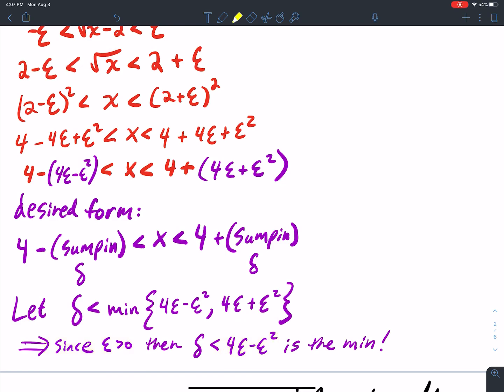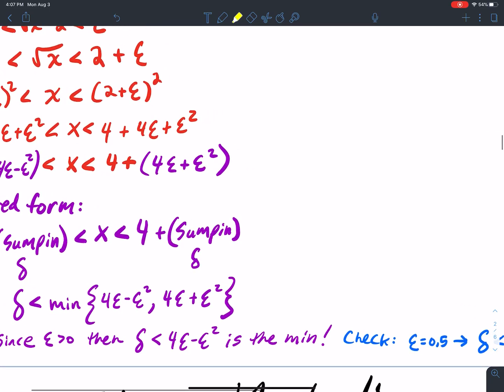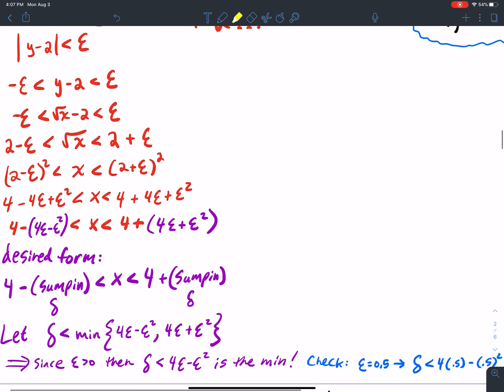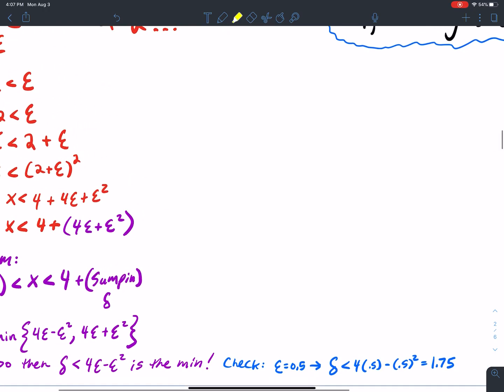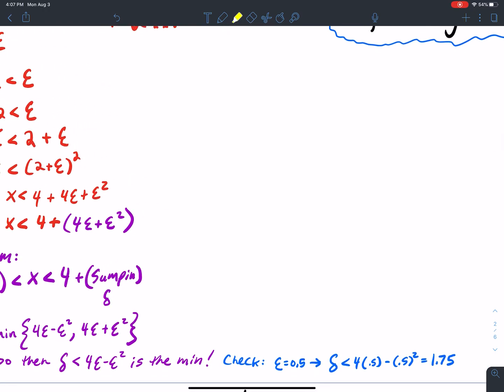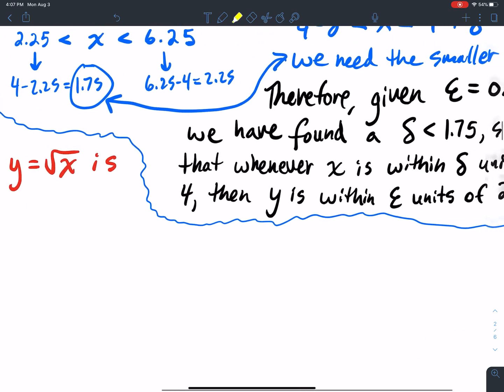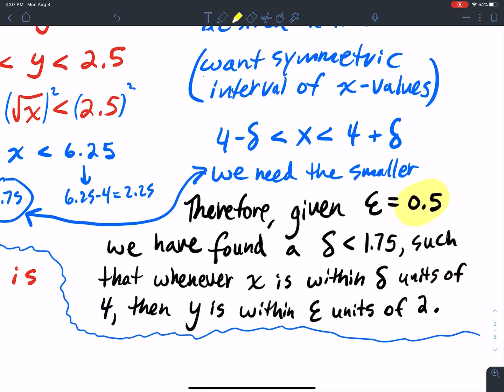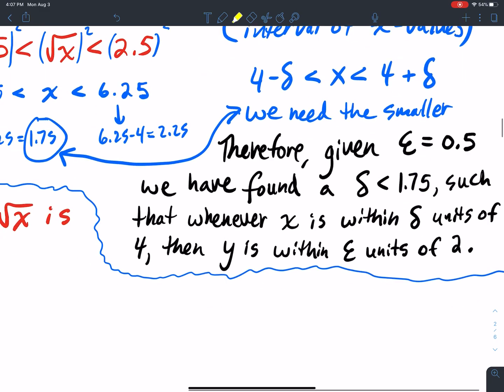And if you're kind of fuzzy on this, you can check yourself, plug in 0.5, see what you get there. If you plug in 0.5, kind of like what we assumed up here, I plugged in 0.5, I got a delta of 1.75, right?